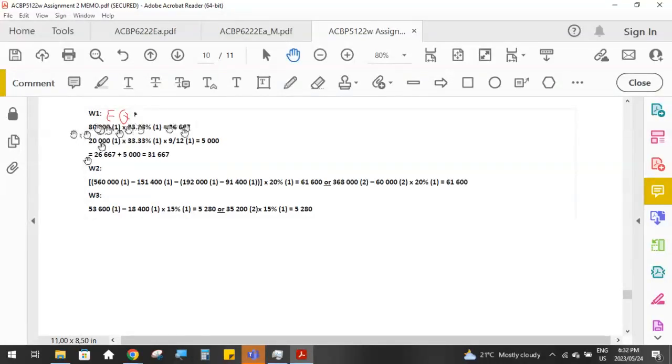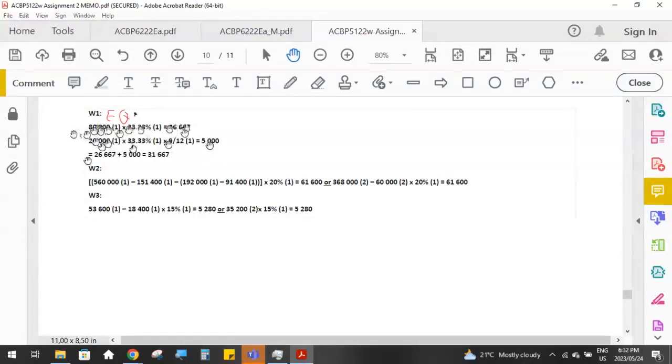Then the computer that we purchased only on the 1st of October, we didn't own it for the entire year, so we are still going to work out the 33.33% depreciation on that, but we only owned that equipment for 9 months of the year. So 20 times 33.3 will give us a full year's depreciation, and then multiplied by 9/12 will give us the 9 months depreciation.